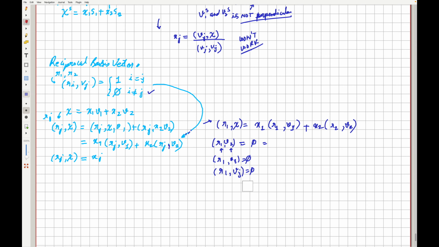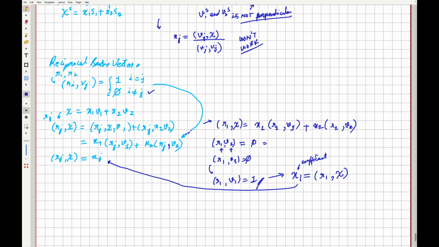And so we are left with only one case, r1 v1, when the value is 1. What that translates to is that x1 is equal to r1 dotted with x, and that's the coefficient of the expansion, and that's what we are trying to say here.